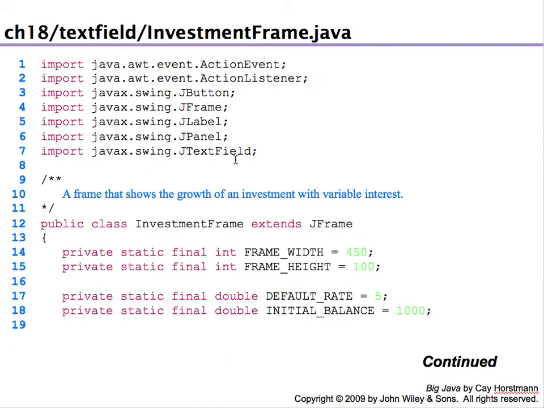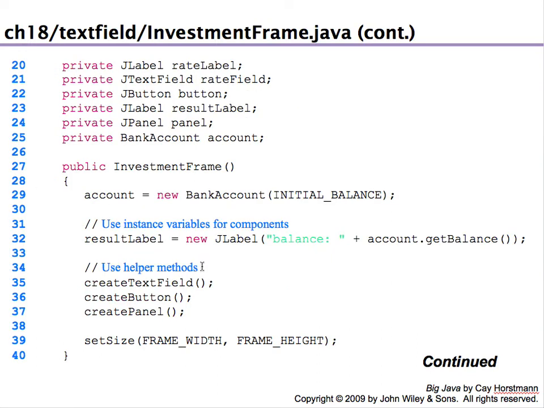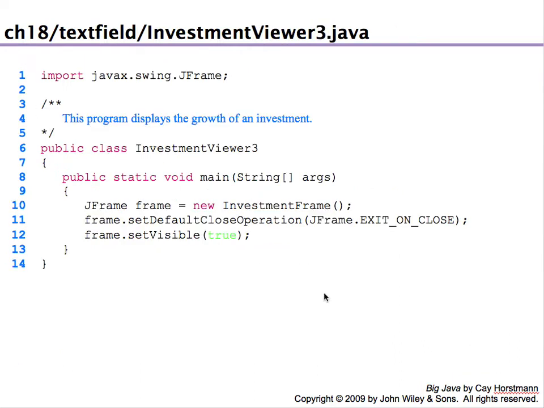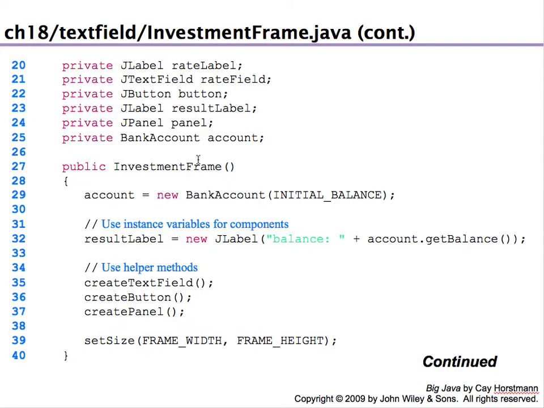If you need to create your own components, you create them in that frame, and you use the default constructor, which the main method will call in order to initialize the different components by creating the label objects, the text fields, the buttons, the panels and so on.